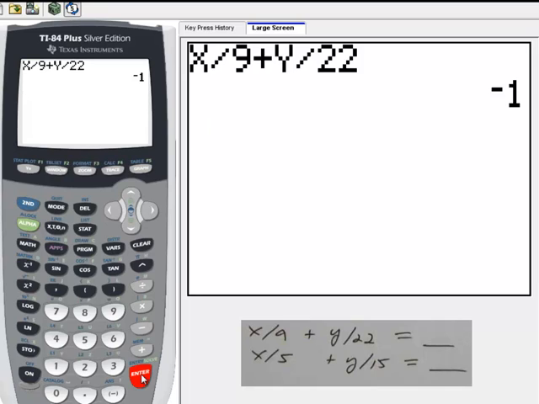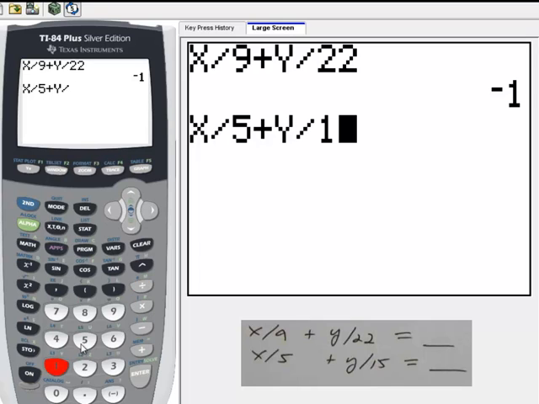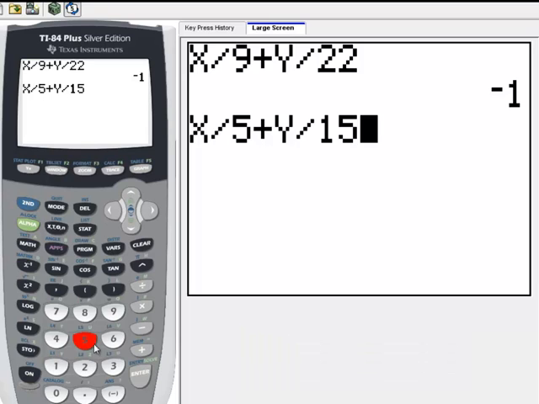That's good to see. Now, the second equation, its left-hand side is x divided by 5 plus alpha y divided by 15. And enter. 1. Just like the original equation. This looks great. Let's record this on our answer sheet.